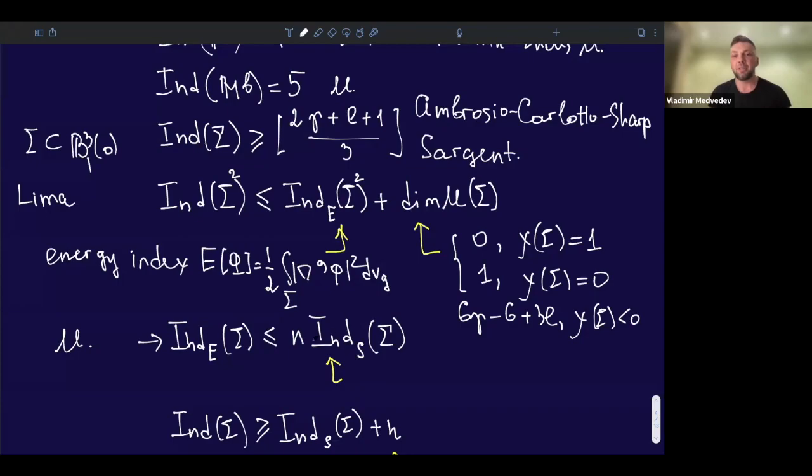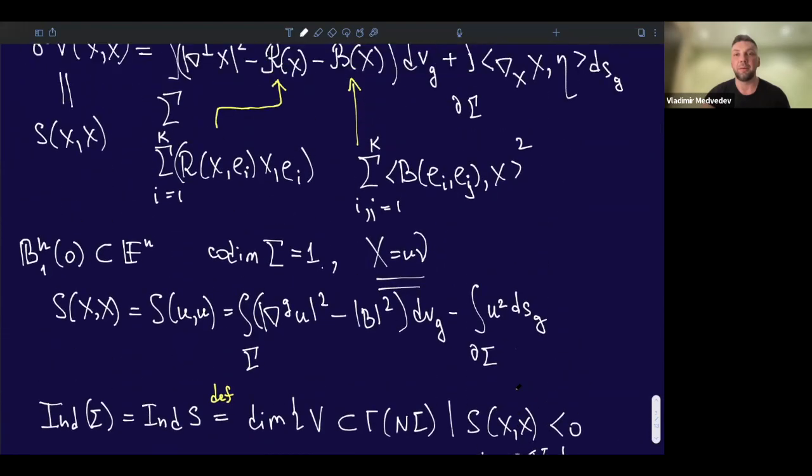So here, this term n is the dimension of the ambient ball, and this term is nothing but the spectral index. It is the number of Steklov eigenvalues which are less than 1.